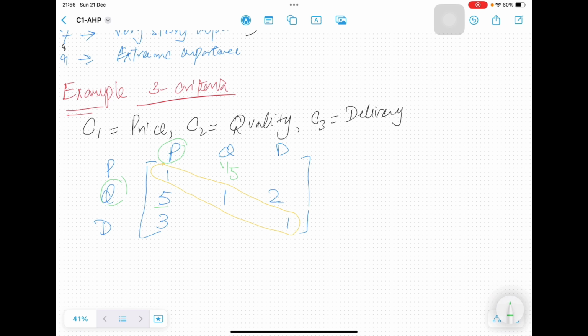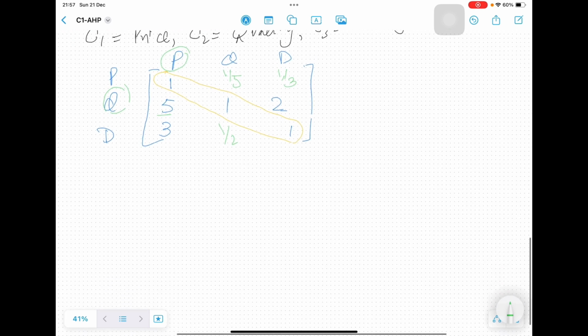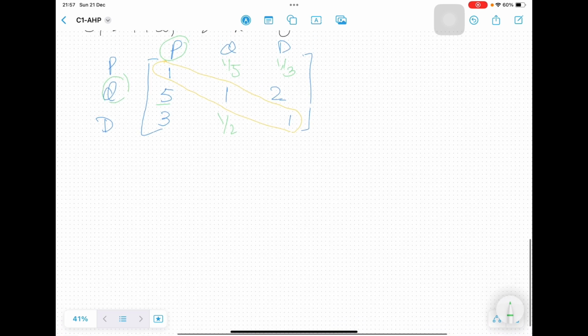Reciprocal means inverse. 5 and 1/5 are reciprocals. For delivery versus quality, since quality versus delivery was 2, this would be 1/2, and this would be 1/3. So the matrix is completed.